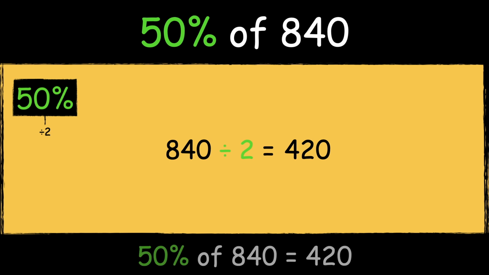Here's the next example, 50% of 840. First, we can work out 50% by halving it. 840 divided by 2 is 420. So 50% of 840 is 420.